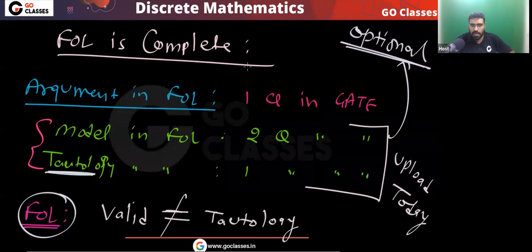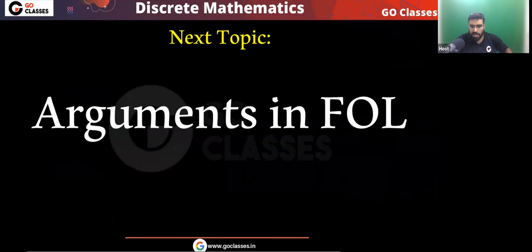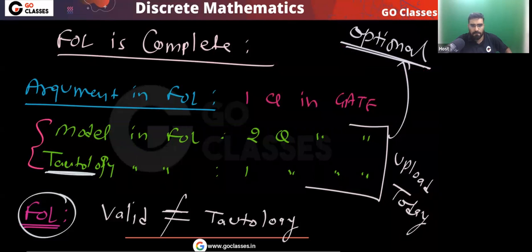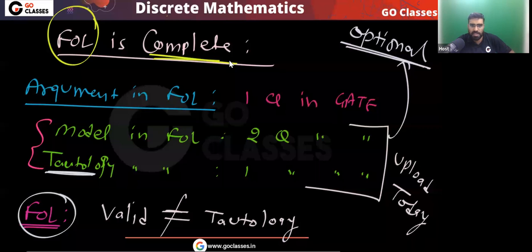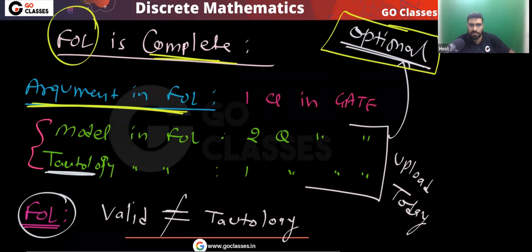Okay, so that's it. Does anyone have any doubt? Let me know. So first order logic is complete. Only these small topics remain. These two topics will be optional, and we will study them in some live class.